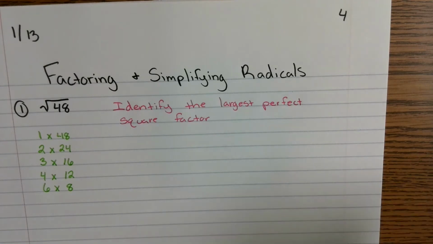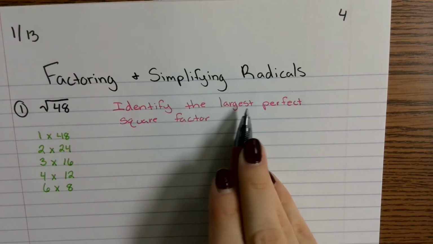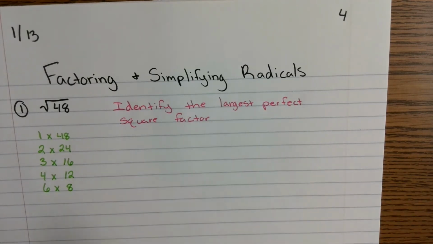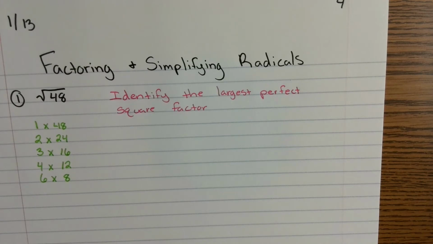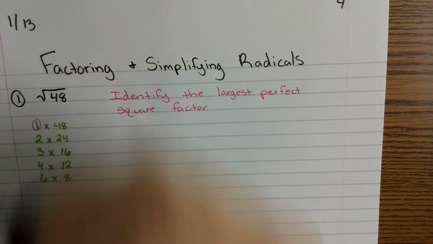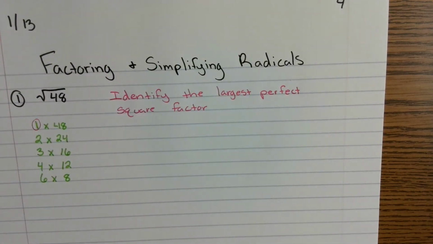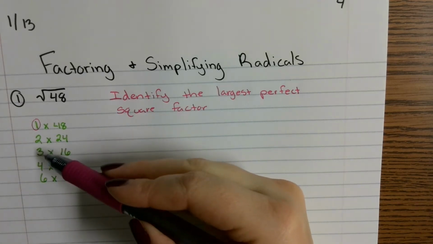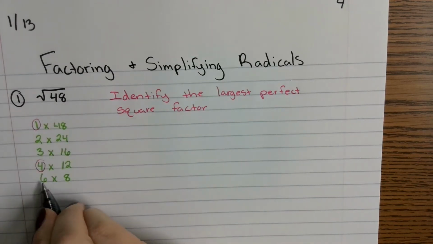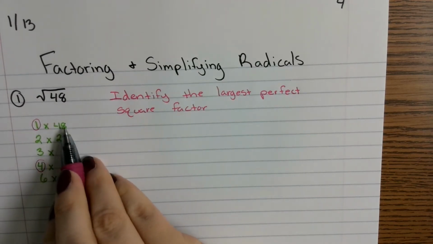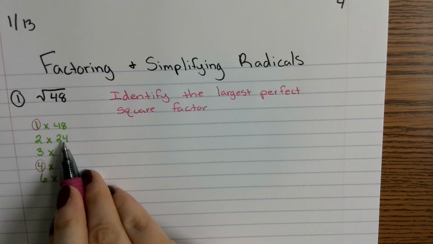Now, I want to find out which one happens to be the largest perfect square. So first thing I should do is identify what my perfect squares are. 1 is a perfect square. Is 2 perfect? No. 3? No. 4? Yes. 6? No. 48? No. 24?